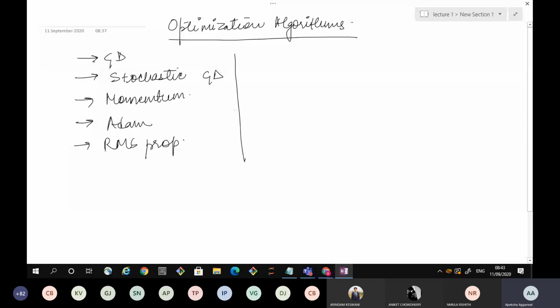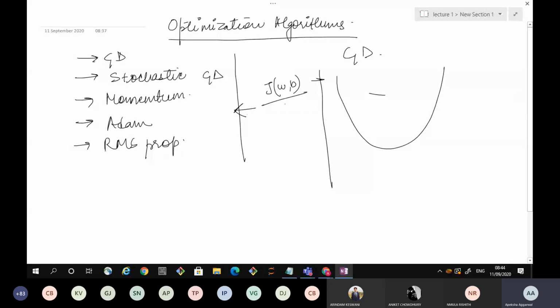Okay, so first of all, let's see a quick recap of what gradient descent is. Gradient descent simply says that we want to reduce our cost function J with respect to weights, J(w, b) with respect to w, and J(w, b) with respect to b.